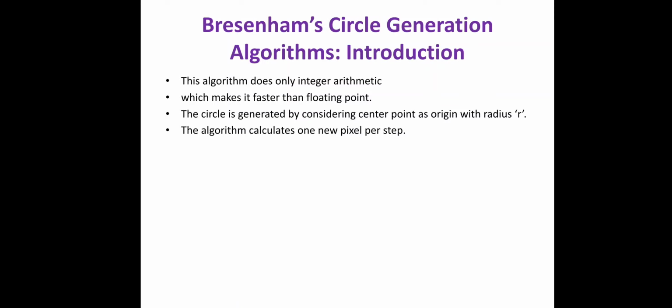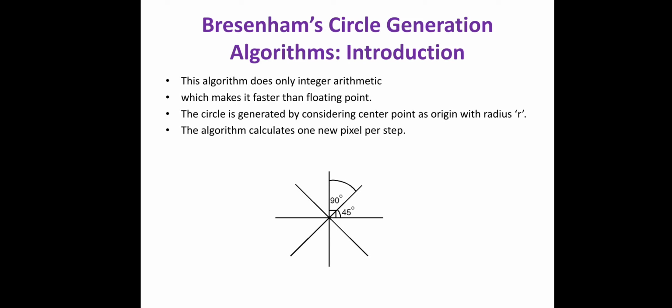Then the circle is generated by considering the center point as the origin with radius r. Whenever we are drawing any circle, we consider a center, and with that center and the radius, we draw that particular circle. The algorithm calculates one new pixel per step, meaning for every step we calculate the next point on that particular circle.